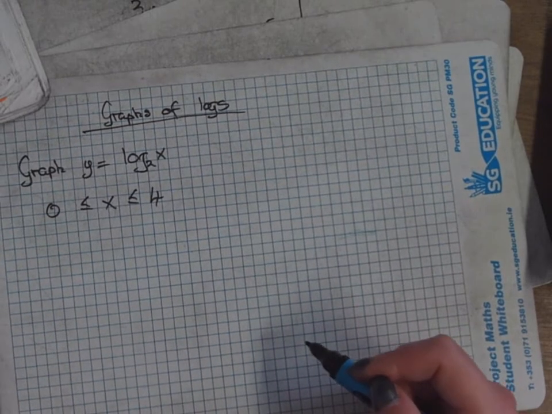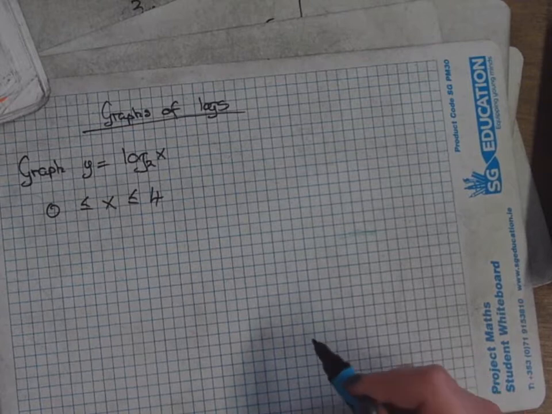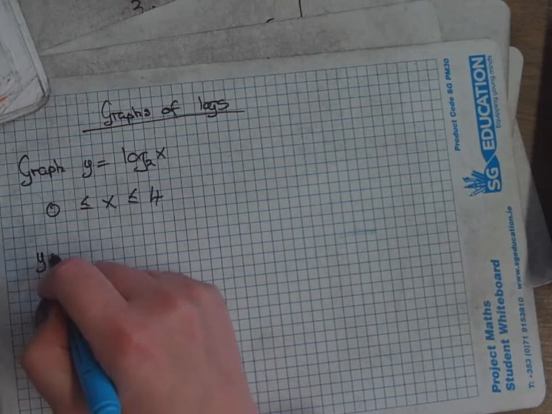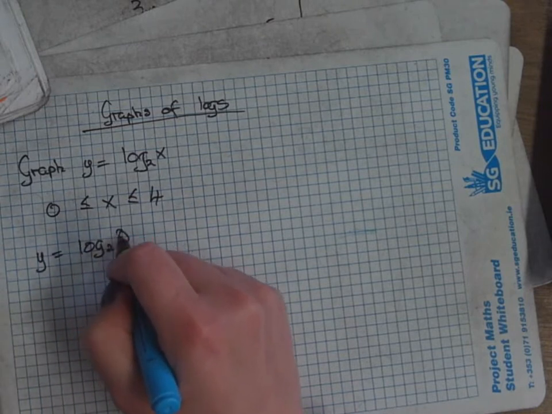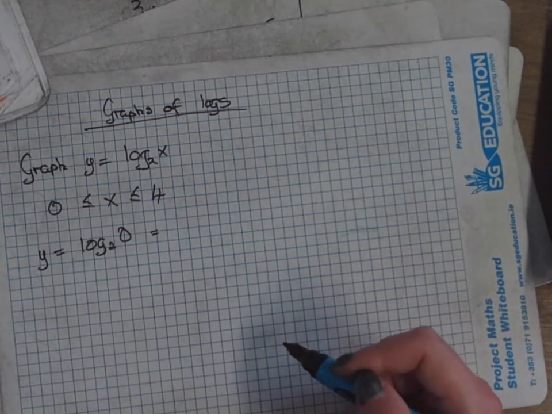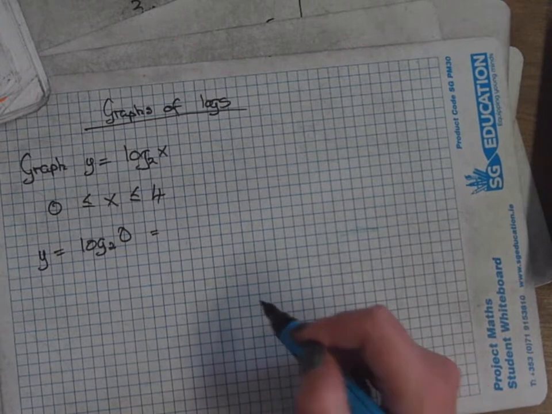Okay, so let's get a few points. You can use a calculator if you want, or an f of x table, whatever. I'll just substitute, so y is equal to log to the base 2 of 0, right? Log of 0 doesn't exist.